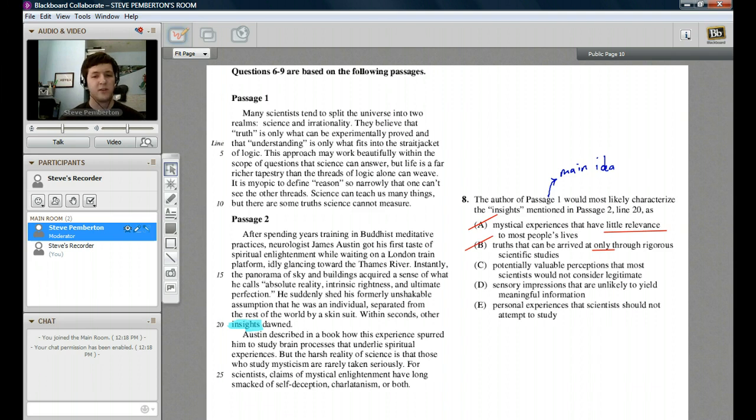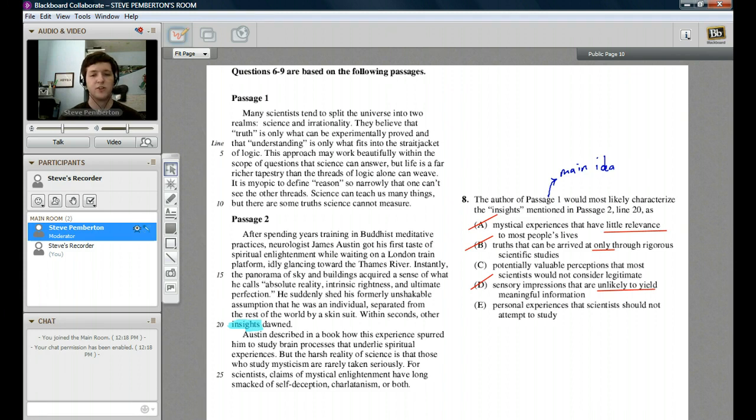So probably not B. Potentially valuable perceptions that most scientists would not consider legitimate. It could be that. Like, again, it works. Let's go to D. Sensory impressions that are unlikely to yield meaningful information. He probably doesn't think it's unlikely to yield meaningful information. Again, he likes these insights. That's the relationship between the passages.